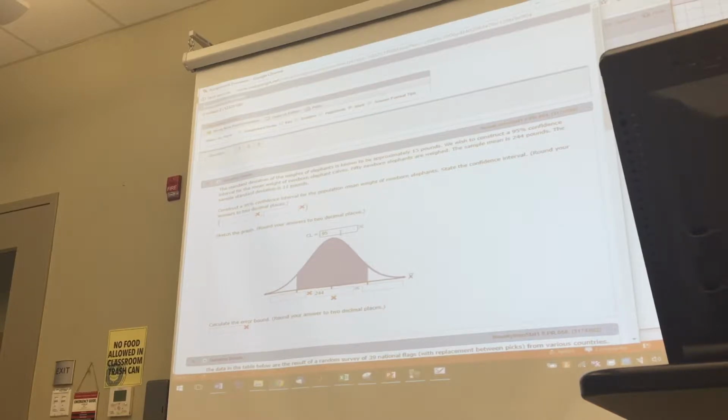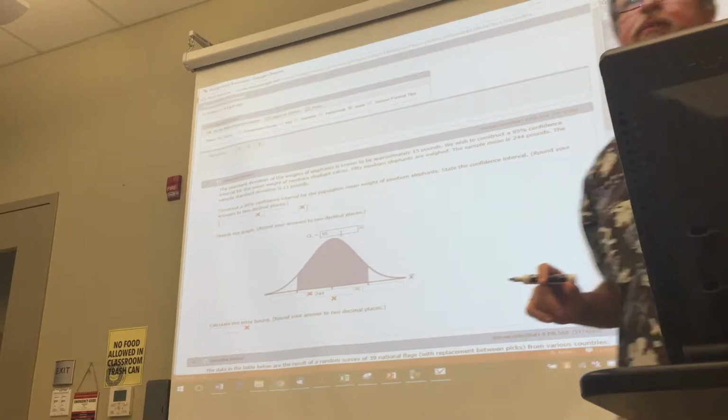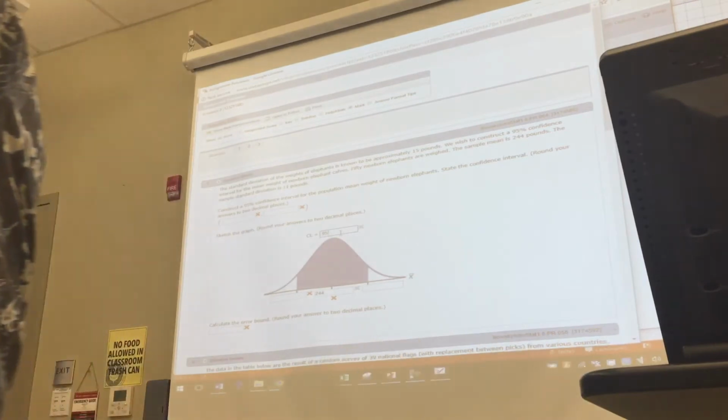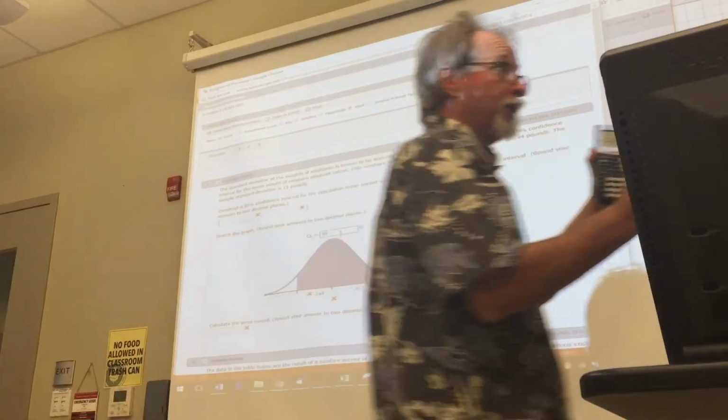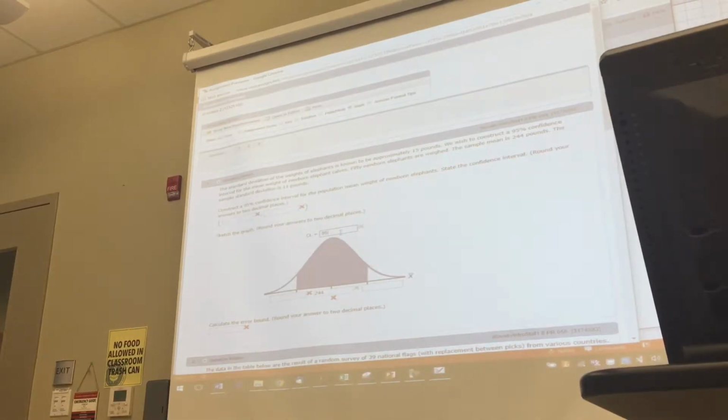If I'm using my calculator, I will normally get the standard error in my calculator first and then multiply that by my table value. That gives me 4.15778.